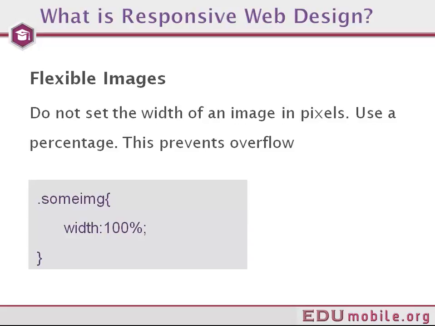If you have fixed images, when you resize the browser or the screen, the image will leave its container element, or it'll be hidden if you set the overflow to hidden. But what we want is for the image to increase and decrease along with its container or with the browser. So that gives us flexible images.